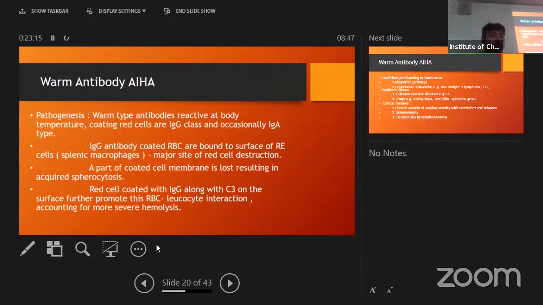In warm antibody AIHA, the pathogenesis is that the warm type antibodies are IgG class, which coat the RBC, and by deposition of C3, it is lysed in the spleen.